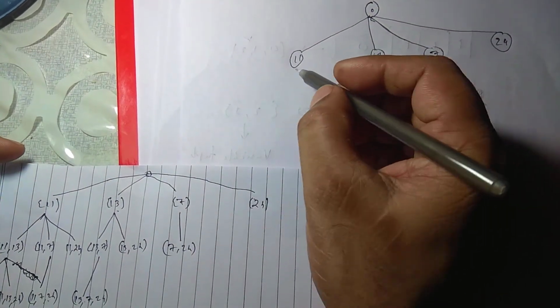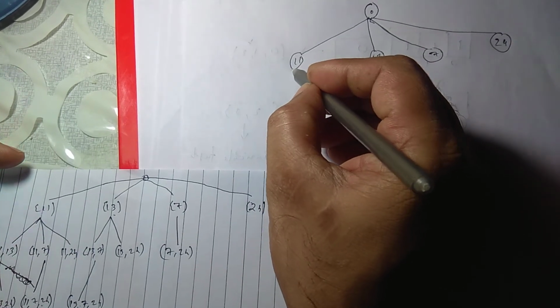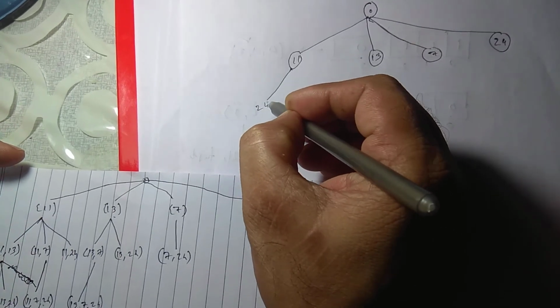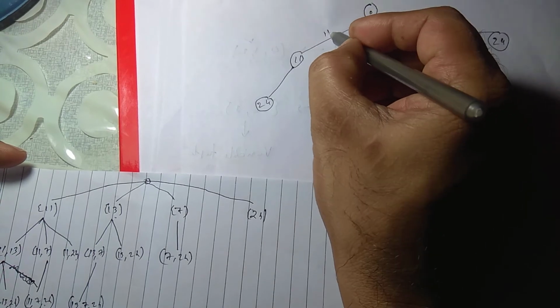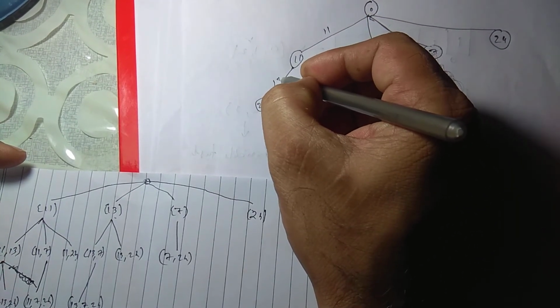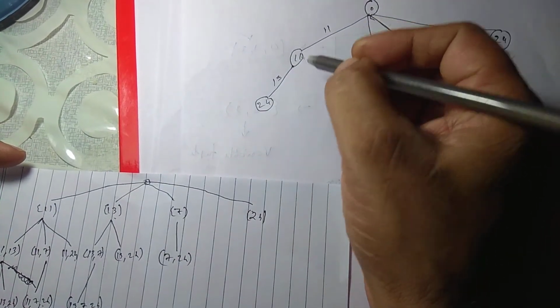Then coming to the two element sets, 11 plus 13 is 24. By considering 11, I am getting a sum 11 here, and by considering 13, that is 11 plus 13, I am getting a sum 24.